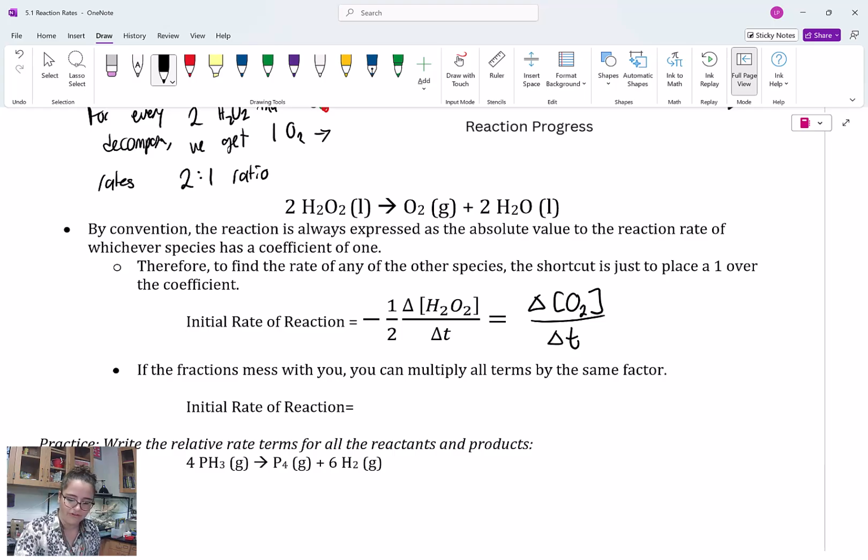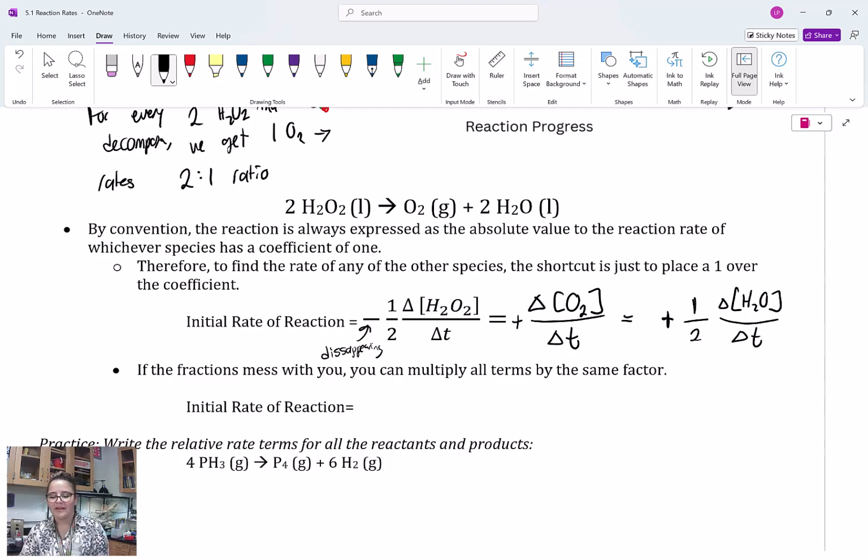So that's going to equal the change in O2 over time, and that one's going to be positive because it is appearing. Okay, it's a product. And that will equal positive 1/2 of the change in H2O over time.